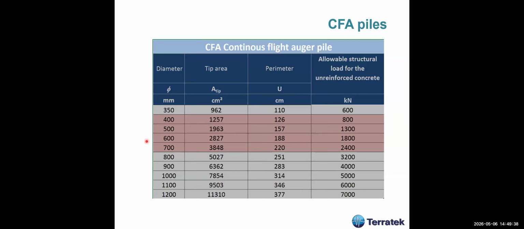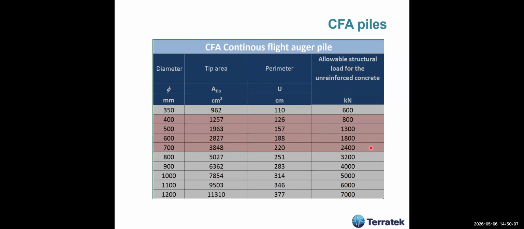Usually, for normal buildings, if you keep within this range, you have the lowest price for installation. If you go beyond that, usually the price starts to go up. And why? Because there is much less equipment available, at least where I have been working. And these are the kind of loads that you can apply, from 800 to 2400 kilonewtons.